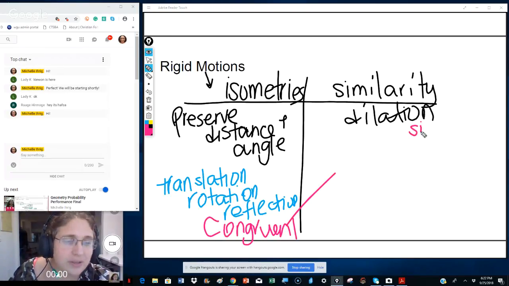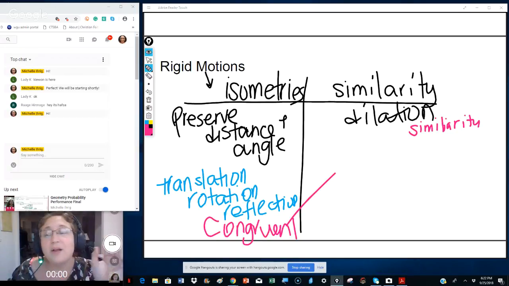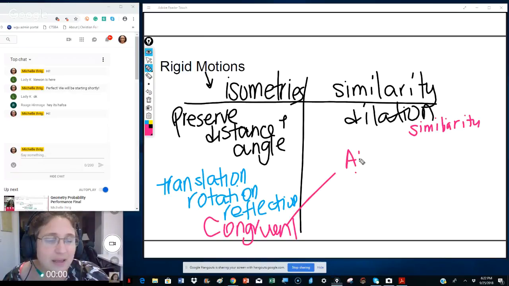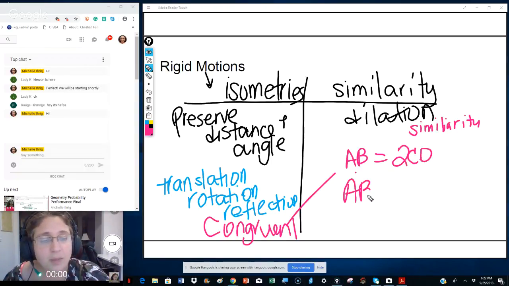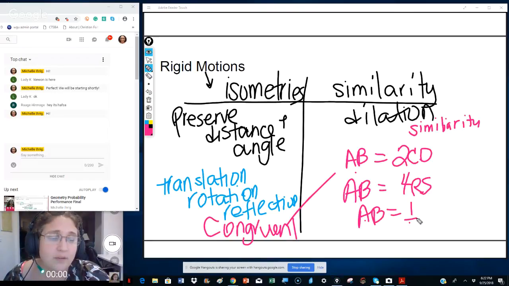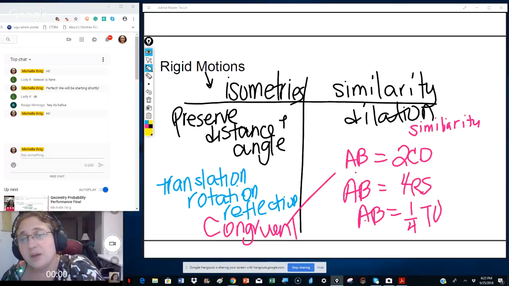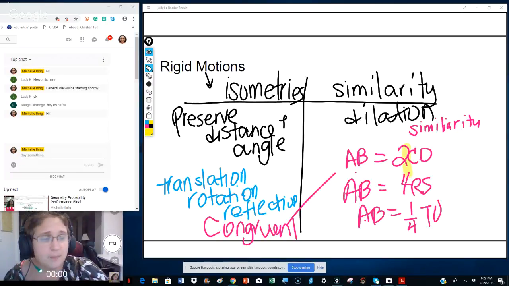Dilations only do similarity. The only thing that you'll be able to notice for dilation is if it says something like AB equals 2 CD, or AB equals 4 RS, or AB equals 1/4 TU, because these have numbers in them.